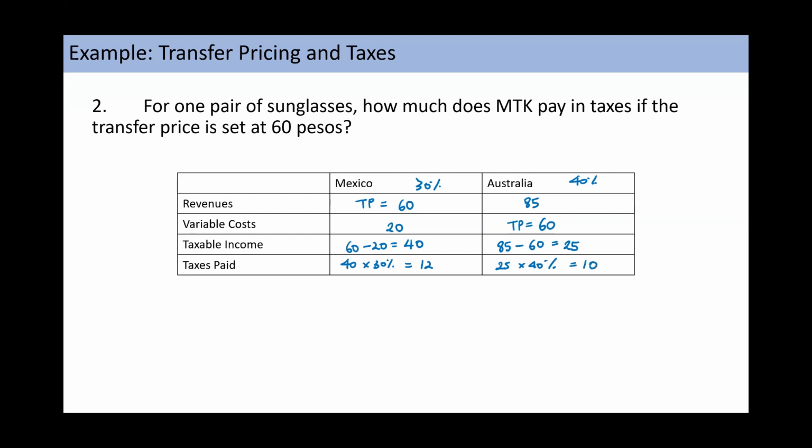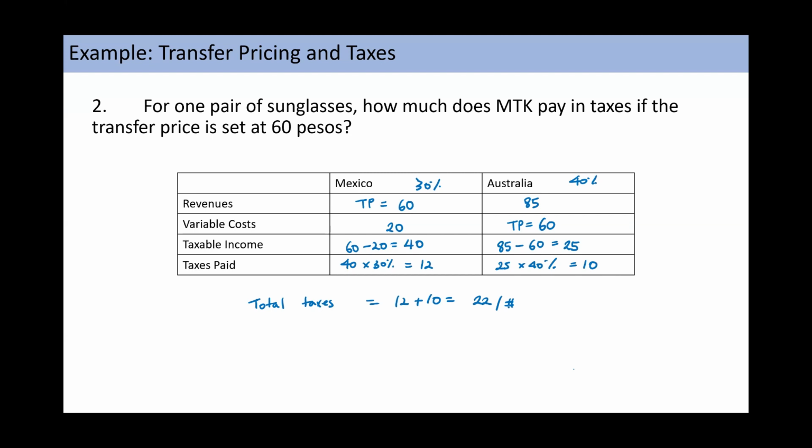So MTK will be paying $10 as taxes to the Australian government, so the total taxes paid by MTK would be 12 plus 10, $22 for each pair of sunglasses.